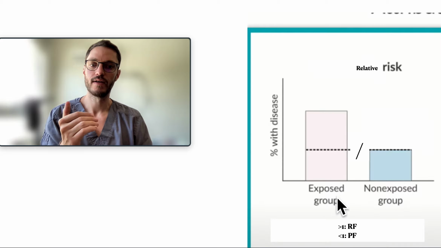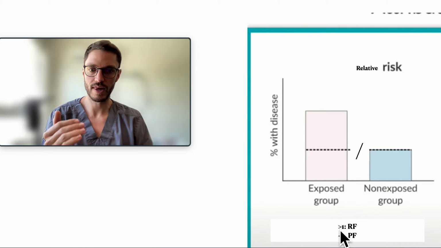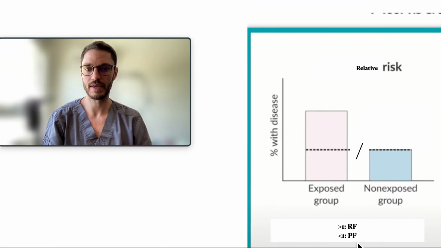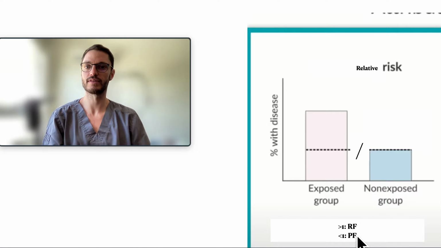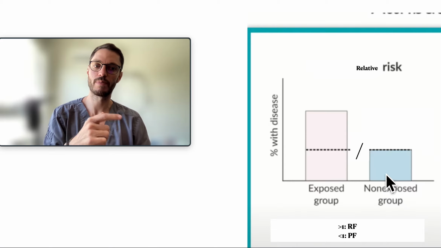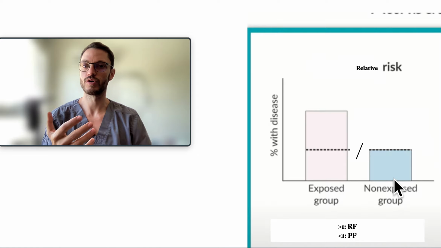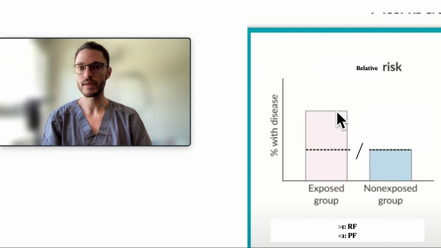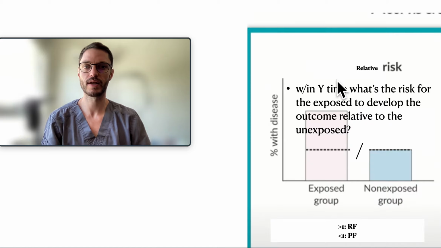If the relative risk is less than 1, we're thinking it might be a protective factor, because there is less incidence of the disease in the exposed as compared to the non-exposed. So something's happening and it's actually protecting us from generating the outcome. So this is the way you calculate relative risk.